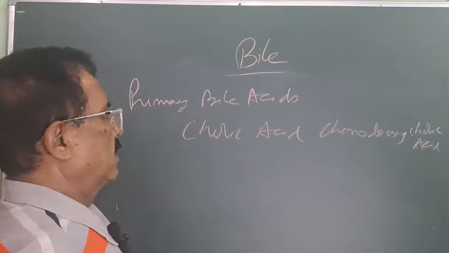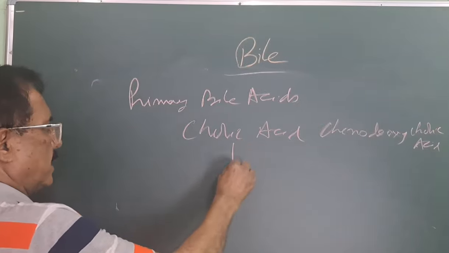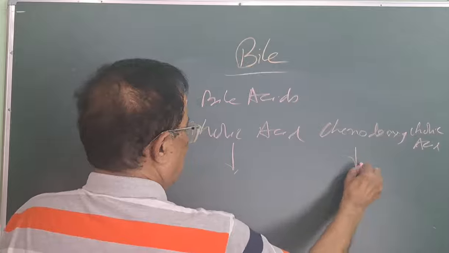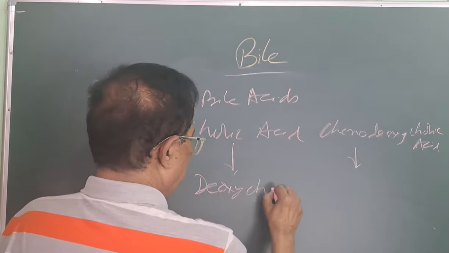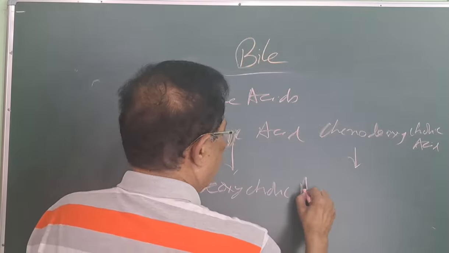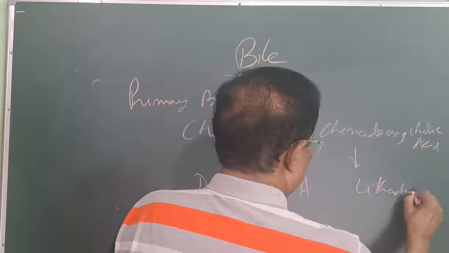When cholic acid and chenodeoxycholic acid enter the small intestine, gut flora will convert them into deoxycholic acid and lithocholic acid.